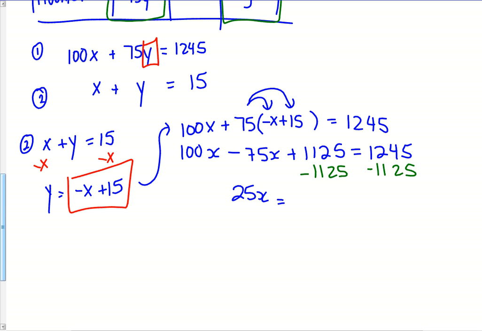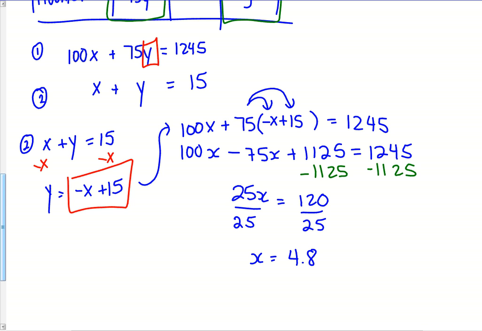No, 120. Oh, this is an ugly answer. Darn. Okay, let's just divide, is it a nice decimal at least? Okay, what is it? 4.8? Good.